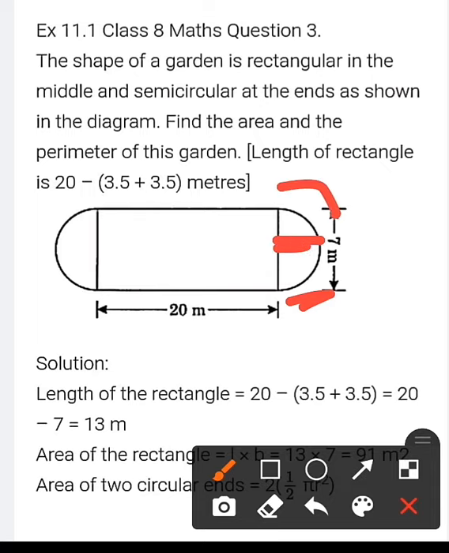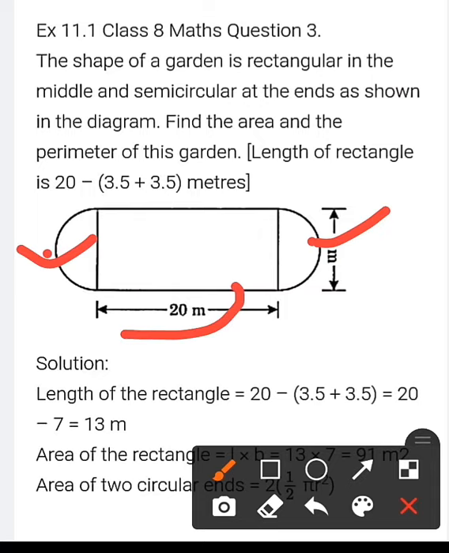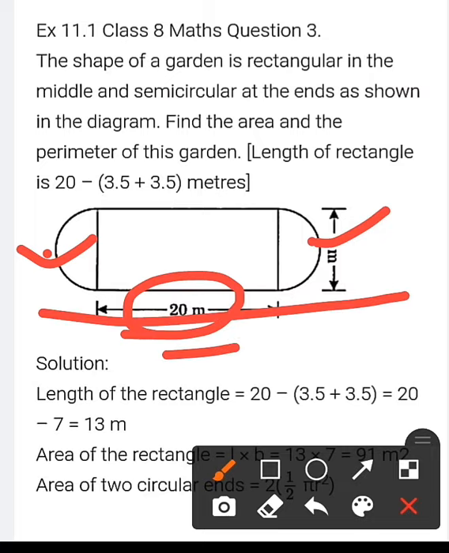I am talking about the radius. This part is the radius, and here also the radius. Suppose this is the center of the circle, so this much part will be your radius. So 3.5 from both sides, 3.5 from here and 3.5 from here. We have to add them and remove them from 20. This 20 is given for this whole part, 20 meter.